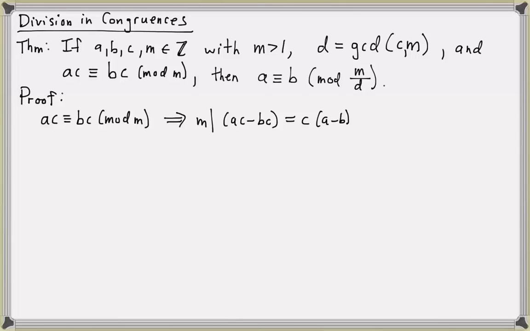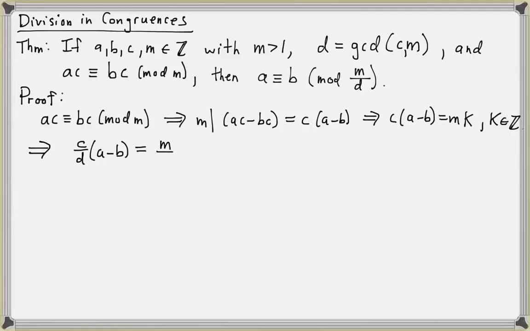So I can write c times a minus b as m times some integer k, and now I can divide both sides of this equation by the greatest common divisor of c and m, which is d. So I'm going to divide both sides of this equation by d, and this implies that c over d, which is an integer, times a minus b equals m over d times k.